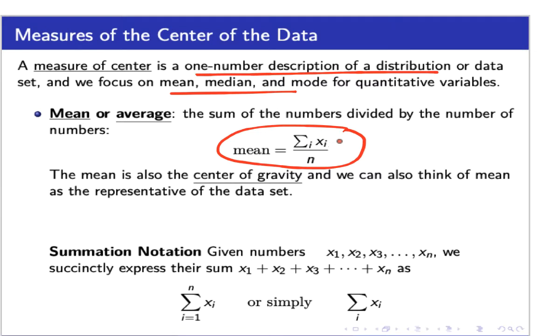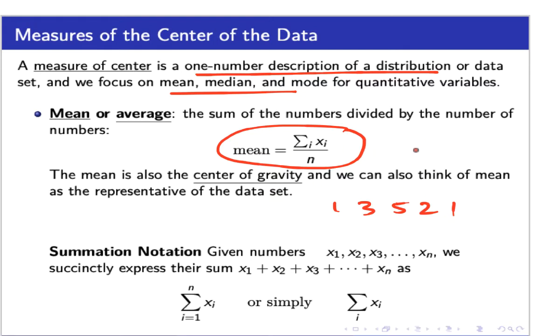Now, what is the summation xi? Suppose we had 5 numbers. I'm going to give an example, and then I'll write it down in the proper form of the definition. Suppose I had 5 numbers, say 1, 3, 5, 2, and 1. I'd like to find the average of these numbers. So what we normally do is we will add them according to the formula.